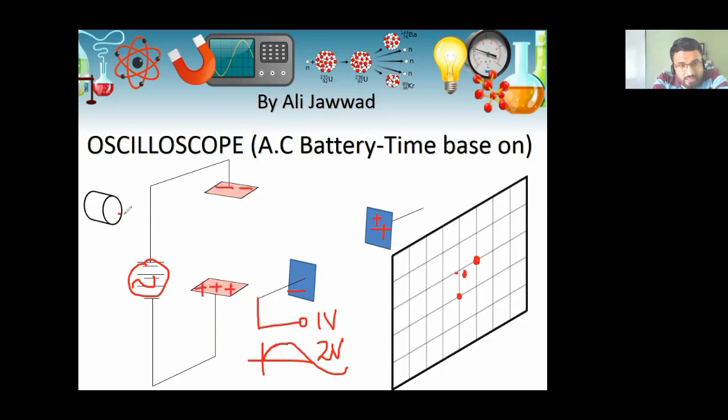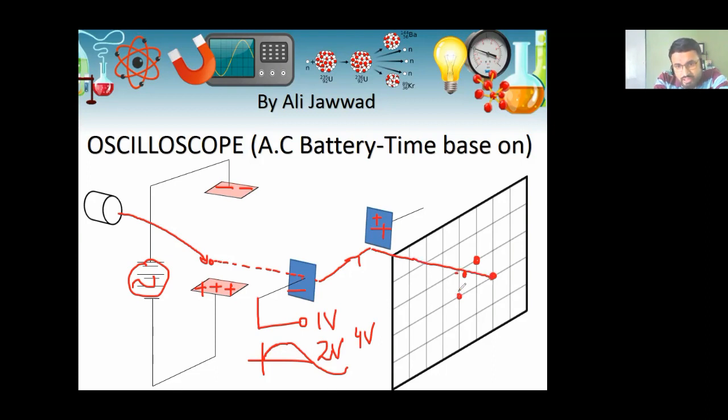Now this time the electron will get bent downward, and when it continues its path, it will get attracted towards the positive plate. Since more time has passed, more voltage, let's say 4 volts, is there on the horizontal plate, and this time the electron is going to strike at this position.